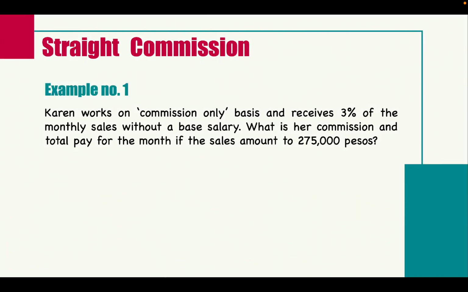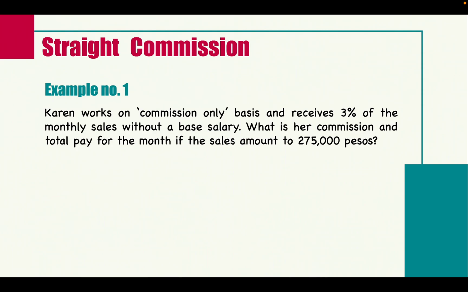Let's start with example number 1. Karen works on a commission-only basis and receives 3% of the monthly sales without a base salary. What is her commission and total pay for the month if the sales amount to 275,000 pesos? If you notice, we only have the sales amount and the rate.